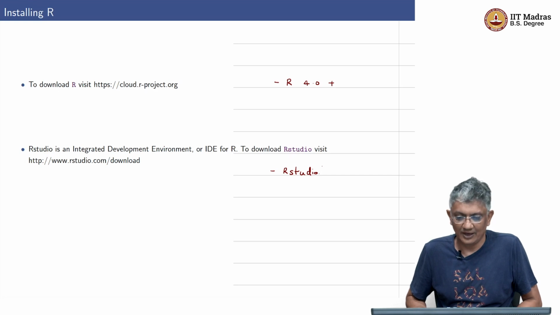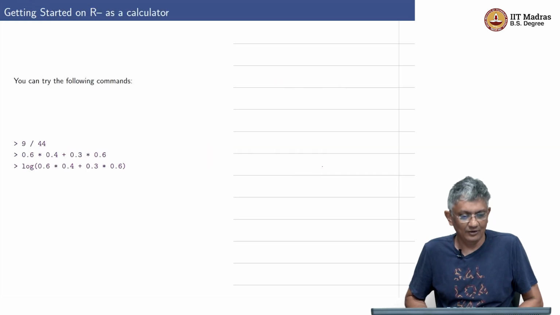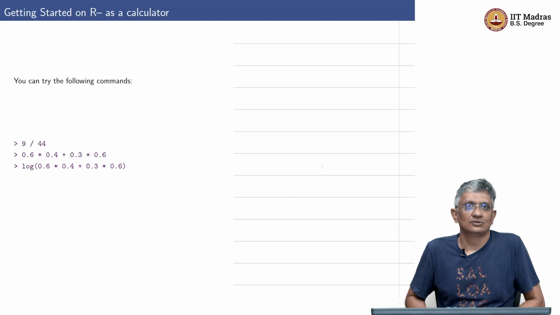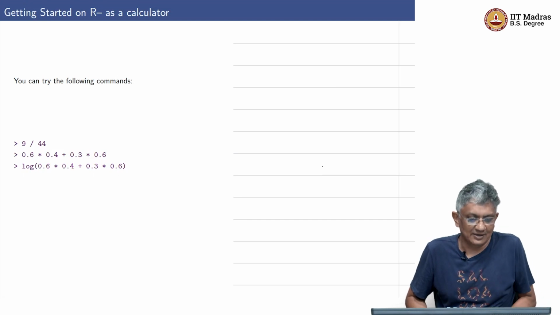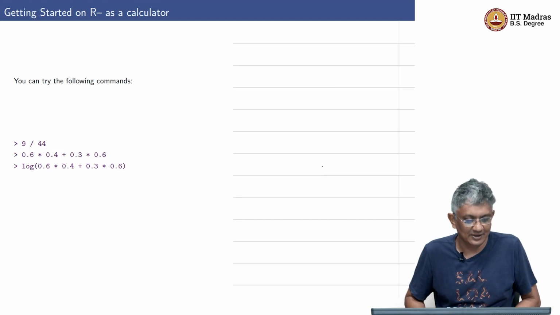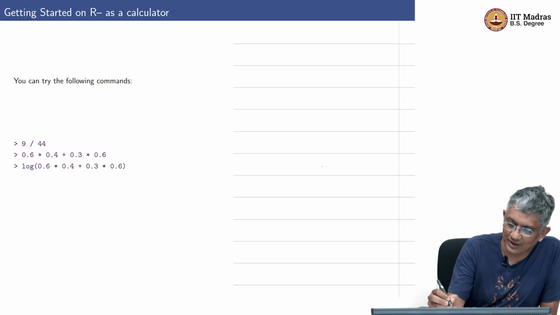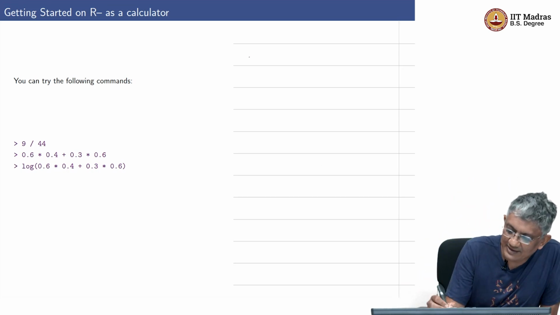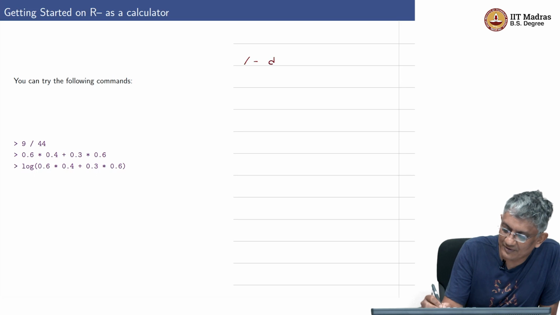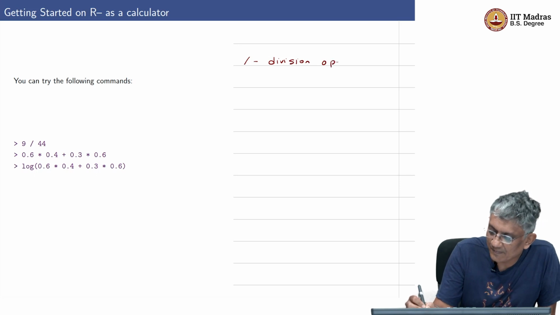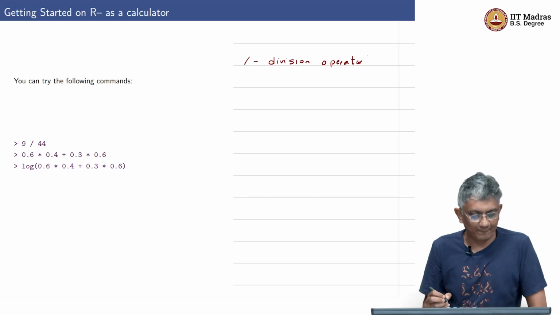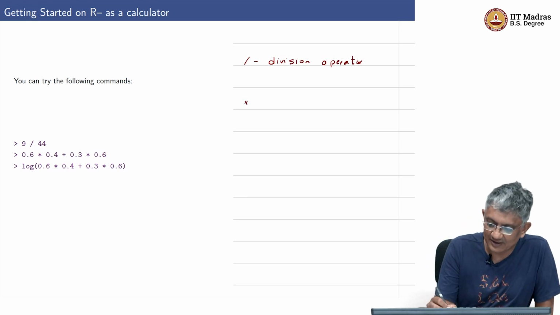So the first thing today I would like to do is use R as a calculator. I would like to try the following commands on R. One is 9 by 44. The slash is a division operator. And the star is a multiplication operator.